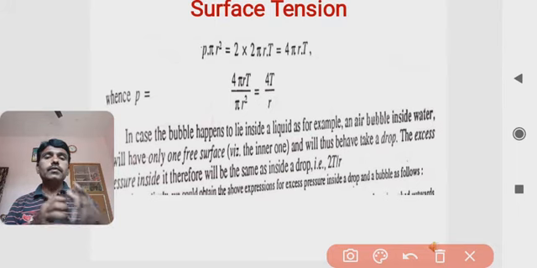That's why the one surface area is dropped out and only the inside surface area is taken into account as far as the excess pressure is concerned.